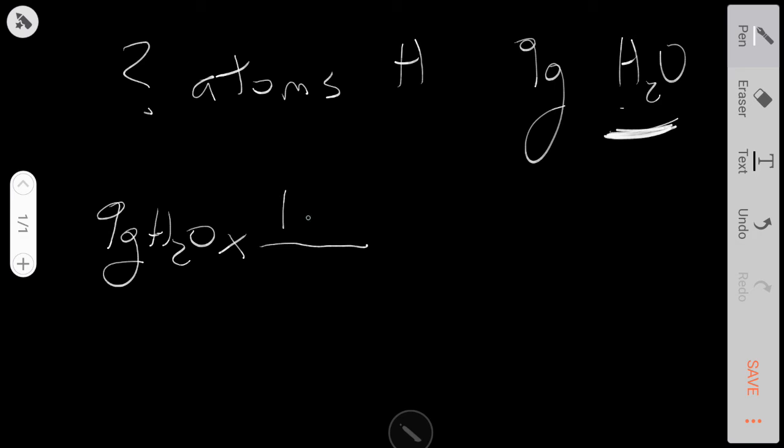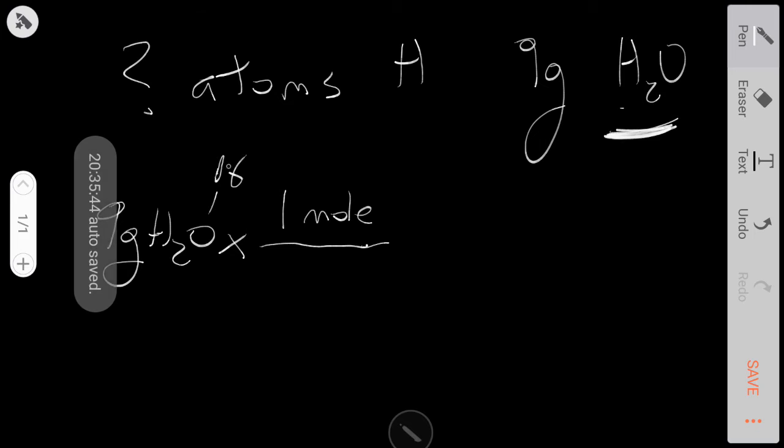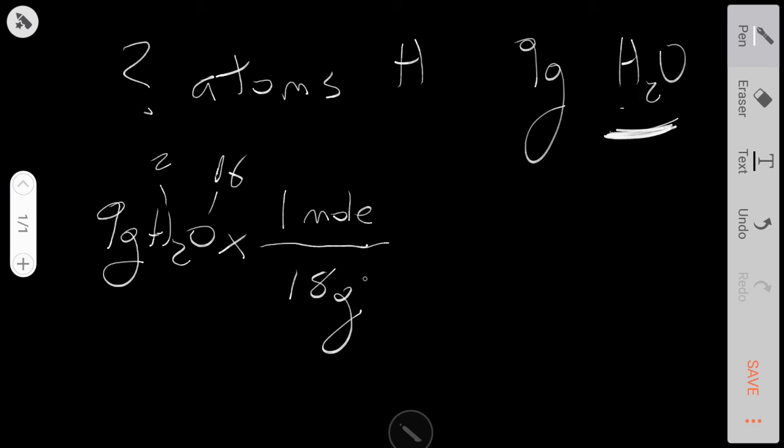So in 1 mole, I have how many grams? You should be able to figure out that oxygen is 16 grams per mole, and hydrogen is 1 gram per mole, but I have 2 of them, so this will give me 2. So the total for water is 18 grams for 1 mole.